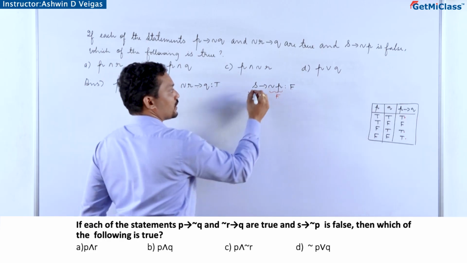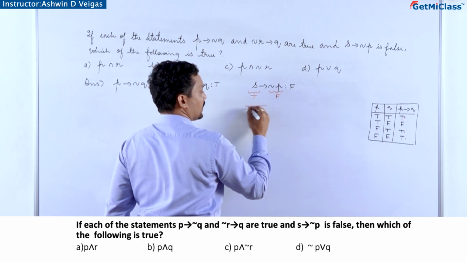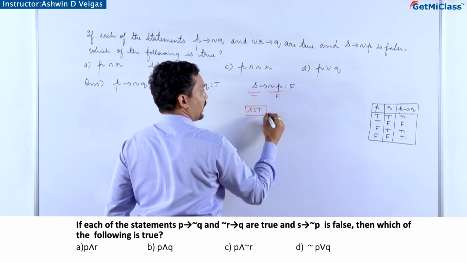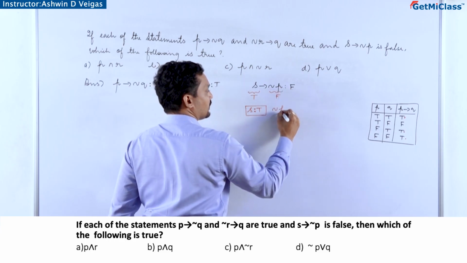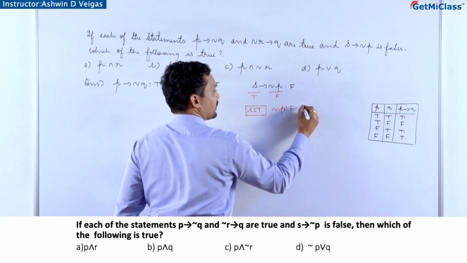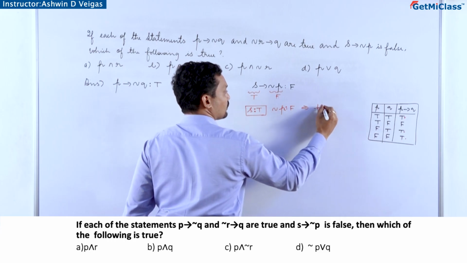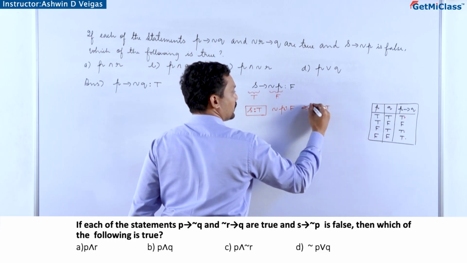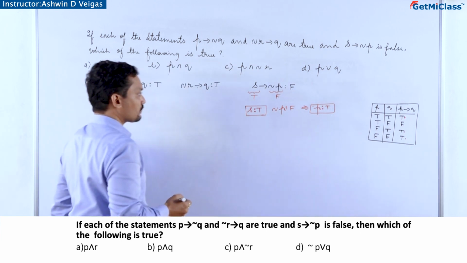Now, if you compare, you will get S as true, and you will get ¬P is false. That means, if ¬P is false, this implies P should be true. So, I got the values of S and P.